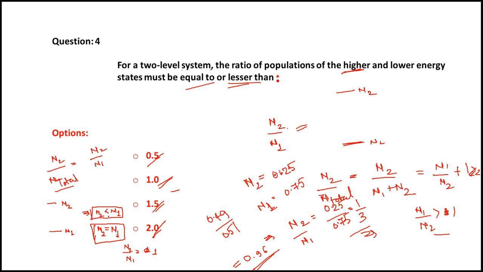So since n1 is always greater than n2, if you calculate the ratio of higher energy state n2 upon n1, it will always come to be less than 1, and it will never be equal to 1. So our answer would be 0.5.